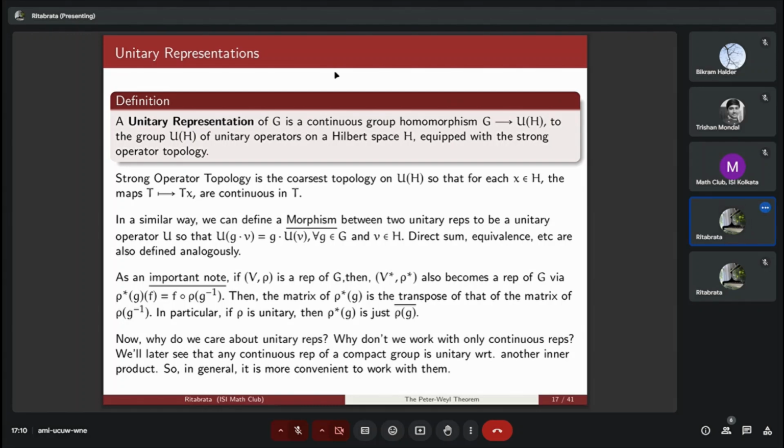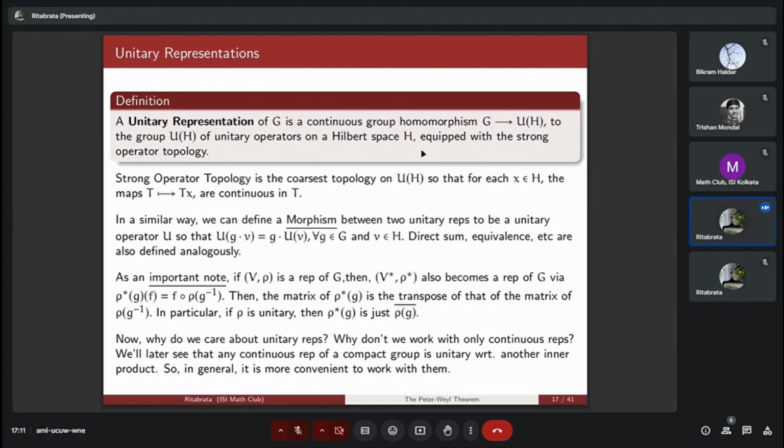The point is that for compact groups, all continuous operators become automatically unitary, so it is more convenient to work with them. Automatically unitary is not obvious: whatever inner product we are given, the group element might not be a unitary operator.